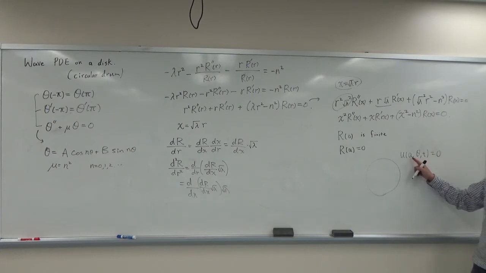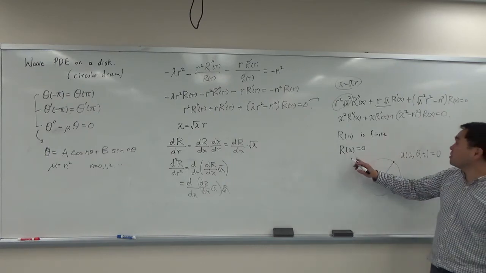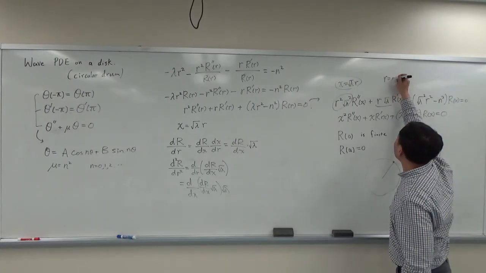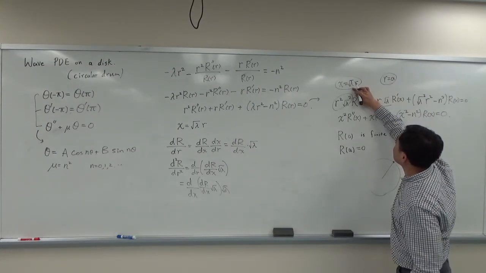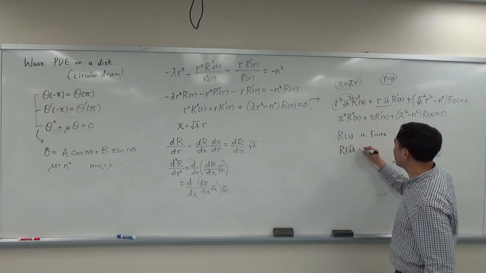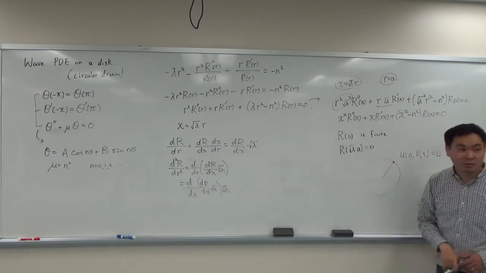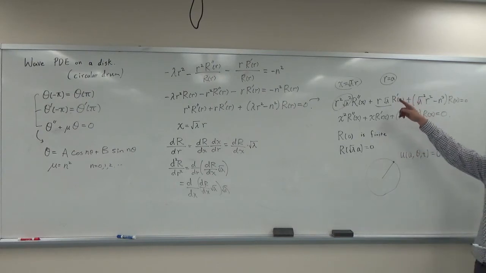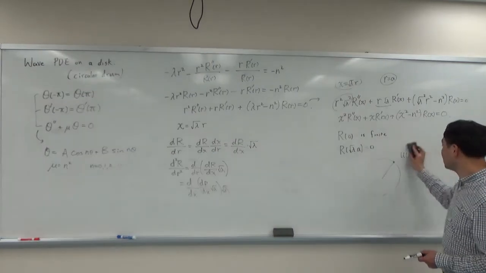Because when r is equal to a, you're reaching the rim. By the way, we have to be careful here because when r is a, it's really that x is square root of lambda a, which is equal to 0. So once you find this, you will have to turn back to r so that you can change this condition.